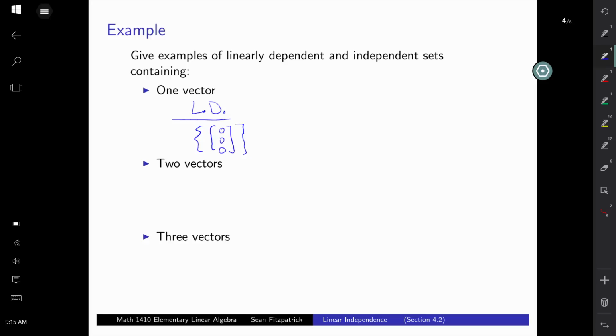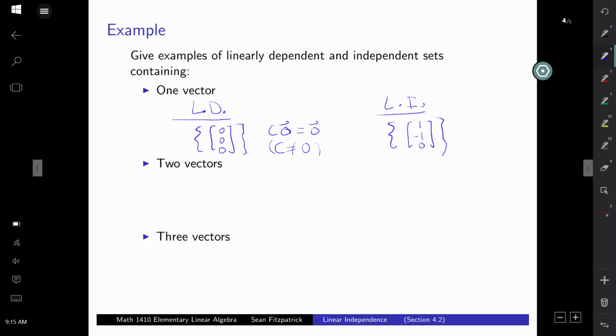To be independent would mean that if I wrote down c times 0 equal to 0, I would be forced to take c equal to 0, but we know you can take any value you want for c and it will satisfy this equation. I can make this work with a non-zero value for c. So that set is dependent. A linearly independent set: any non-zero vector will do.